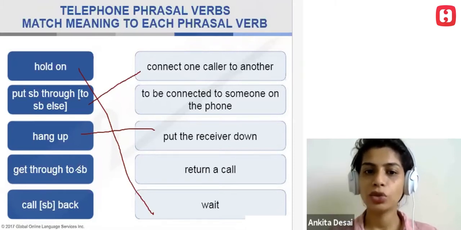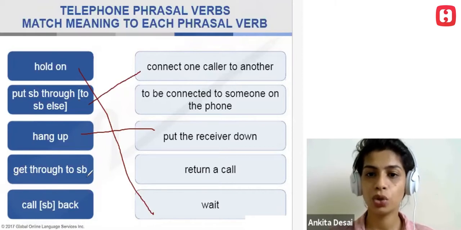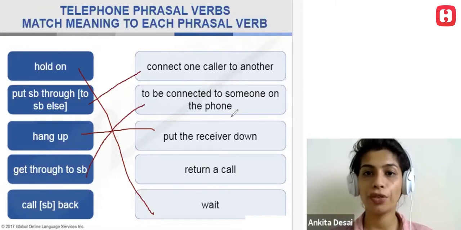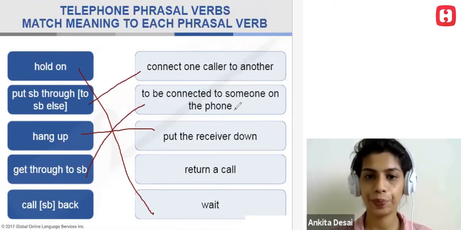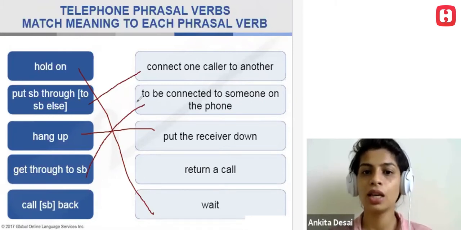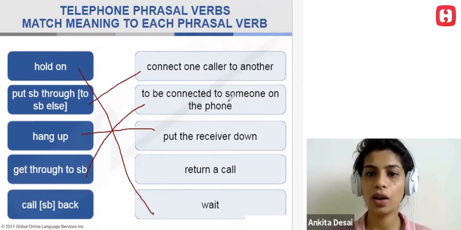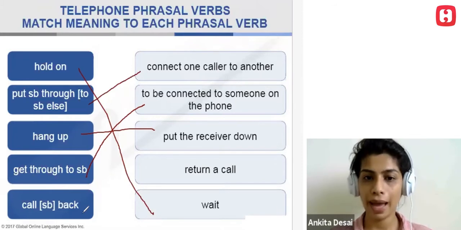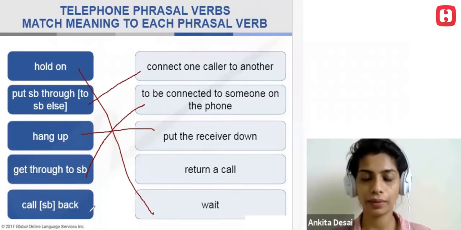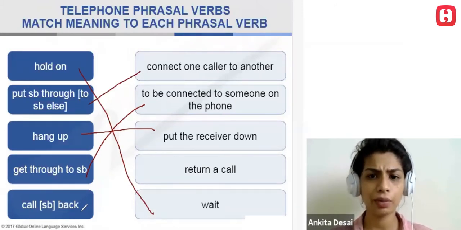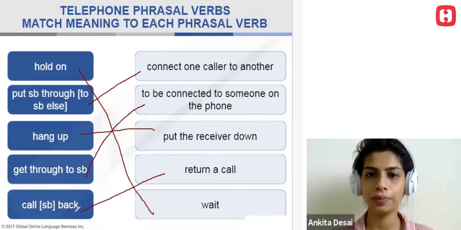And next, get through to somebody. Get through to somebody means to be connected to someone on the phone. Next, call somebody back. I'll call you back. That means I'll return a call.